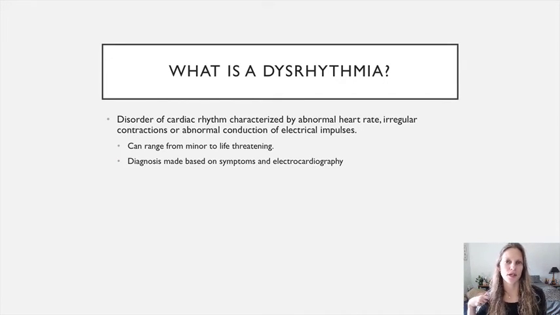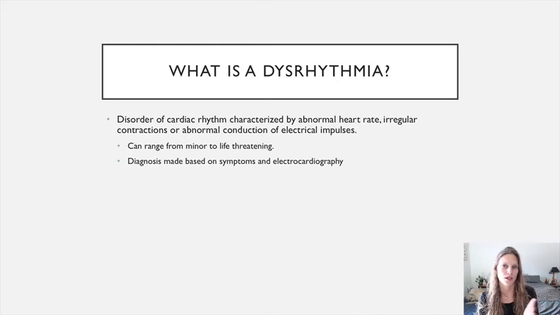Dysrhythmia is any cardiac disorder that results in either a rate, a rhythm, or a conduction abnormality. There are a lot of things that can get somebody into this situation, and these things can be minor or life-threatening.